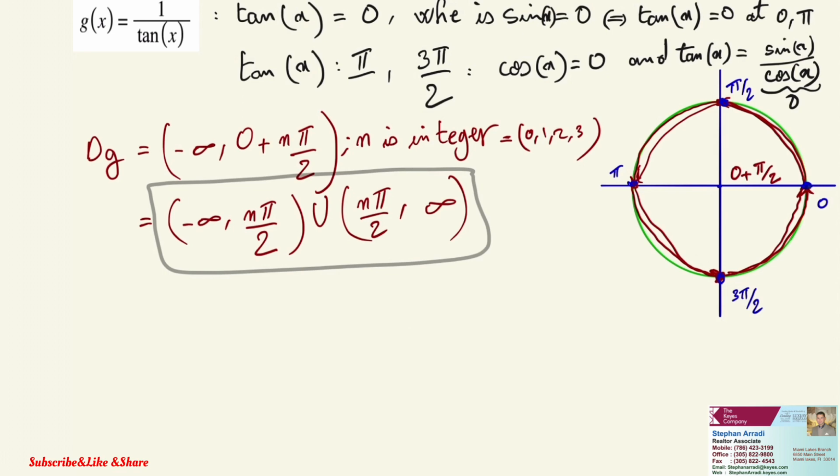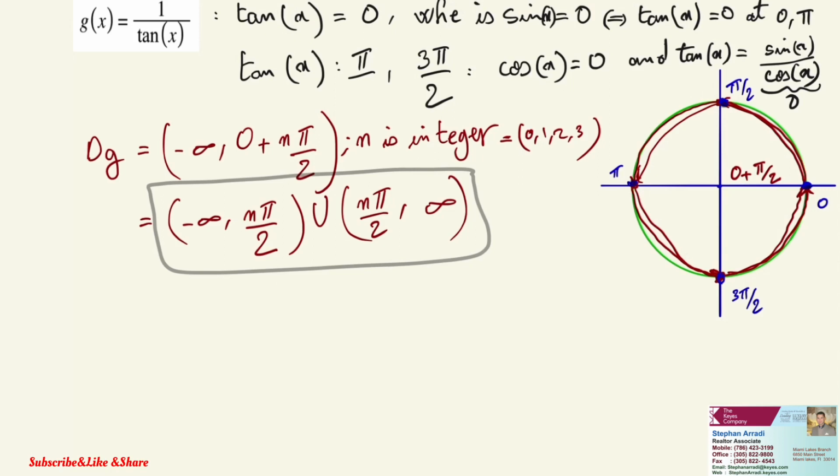When n is 0 it is here, when n is 1 it is here, and here, and keep going without stopping. If you give n 0, the number here is going to be 0. When n is 1, 1 multiplied by pi over 2 is just pi over 2, here. When n is 2, it will be 2 pi over 2, it's just pi, it will be here, and keep going. So this is the domain for this function.